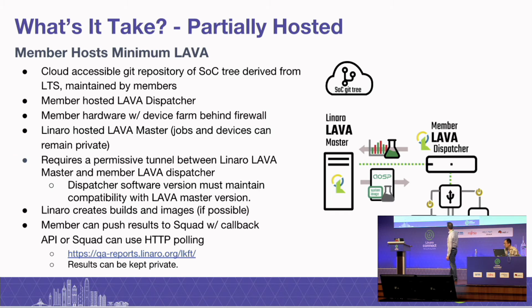This means that Linaro Lava is connected to a member Lava dispatcher via a secure tunnel. We send images to the member Lava dispatcher, and that's sent to member hardware, and then the results make their way back to Lava master, and those results then go to our QA reports.